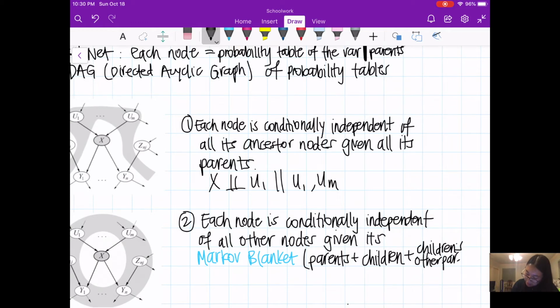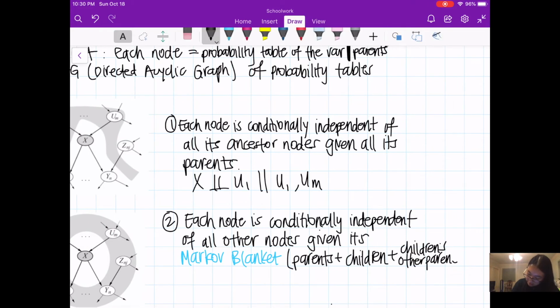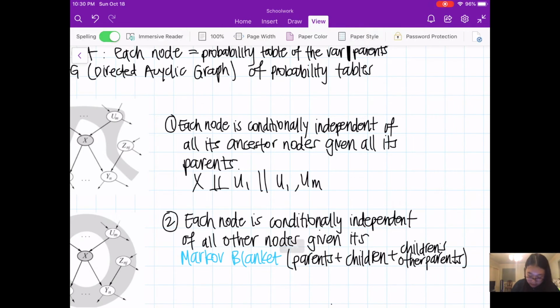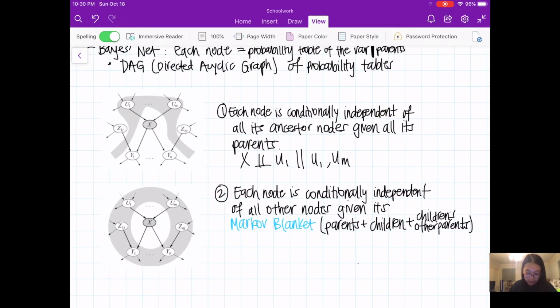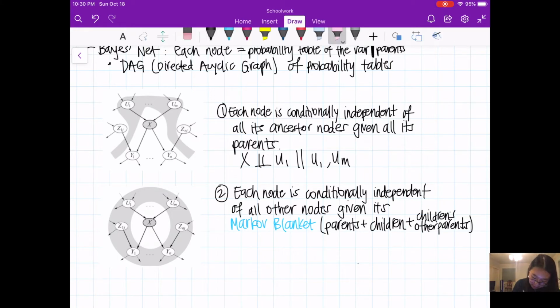So essentially everything wrapping it, which is why in this picture here, we see the whole circle wrapping it, like the parents of the different arrows going into the z's, or specifically the z's going into the y's, because the y's are the children of x, are also included. So that is what a Markov blanket is, and in that case it can be true for any of the nodes, not just the ancestors.